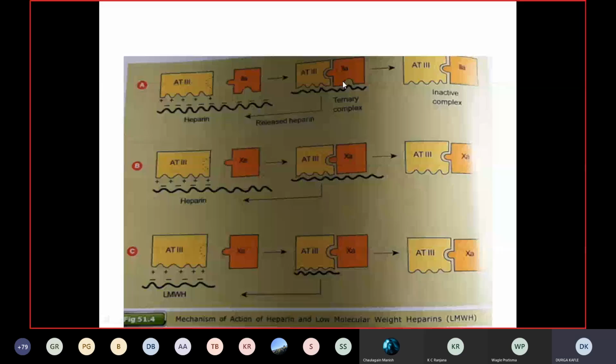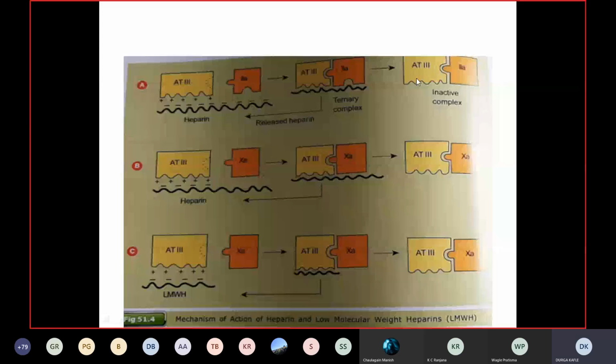So that it will not bind its respective receptor, so it does not show any coagulation activity. It does not initiate the cascade of coagulation reactions. So this complex becomes inactive, this antithrombin 3 and this activated factor 2.